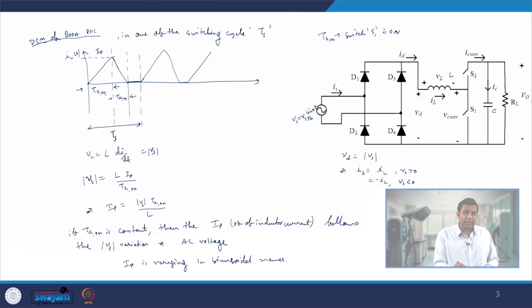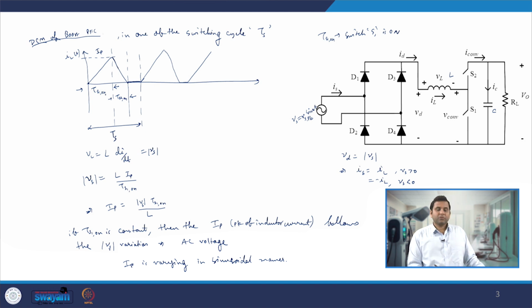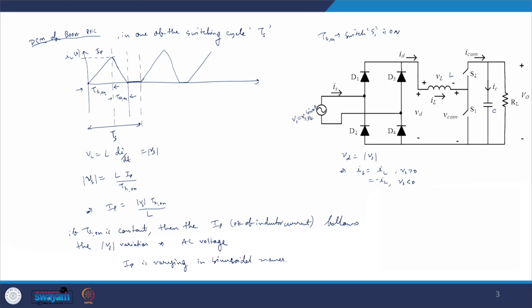We have this kind of variation: every time it starts from 0, goes to this Ip value, which varies with the input voltage, and then again comes back to 0.